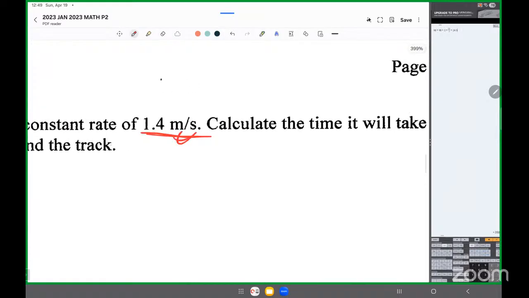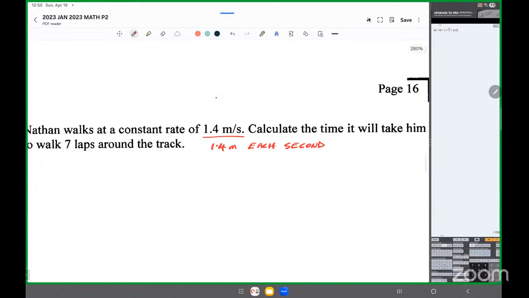That's what this simply means. But you could use speed equals distance over time, because it's a constant speed.